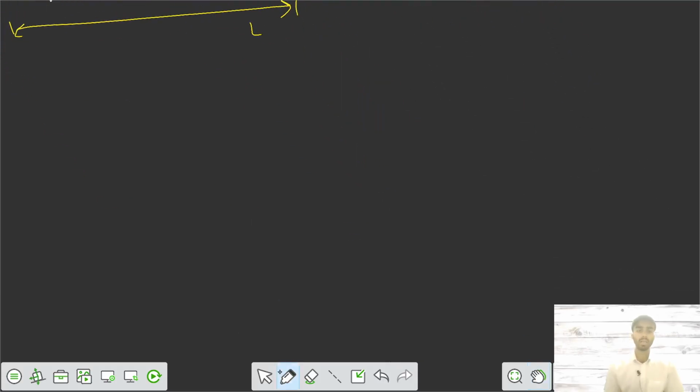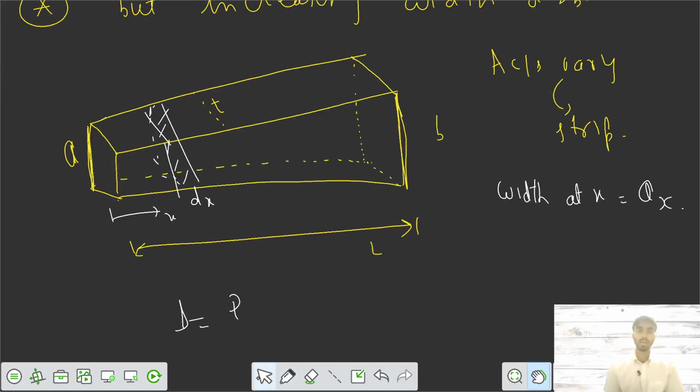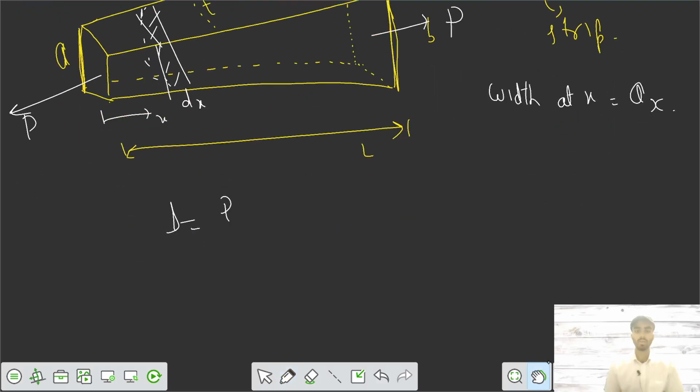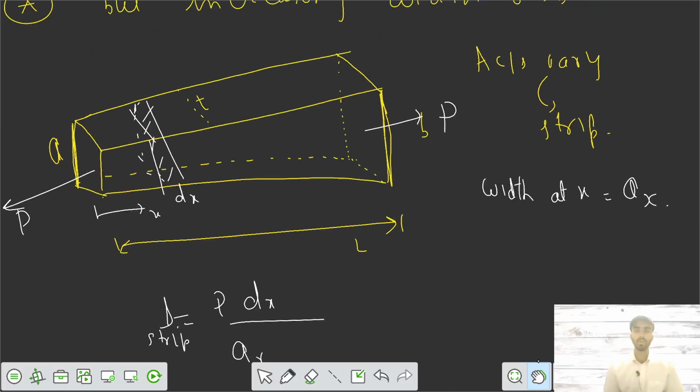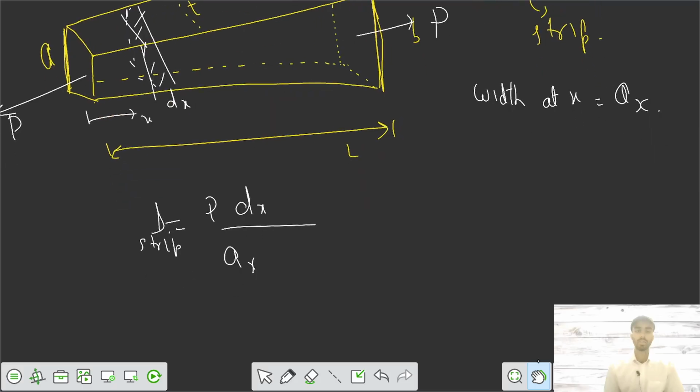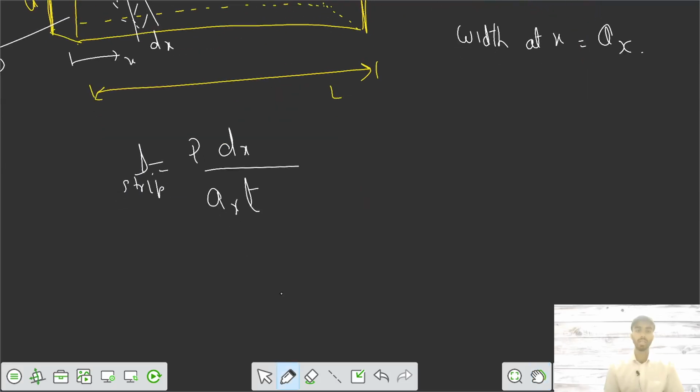So your formula, delta equals P. P is constant actually. You apply force P here, P here. P is not varying with the length. You take strip dx, delta strip upon area. The area at this section is your width into thickness, Ax into T into E.